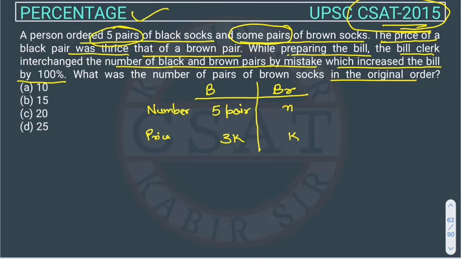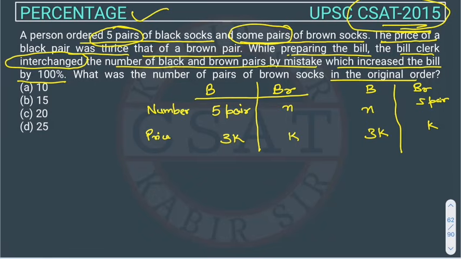But what the clerk did, the clerk gave him n number of black pair and 5 pair of brown. So he interchanged. What he interchanged is not the price but the number of black and brown pairs, by mistake, which increased the bill by 100%.